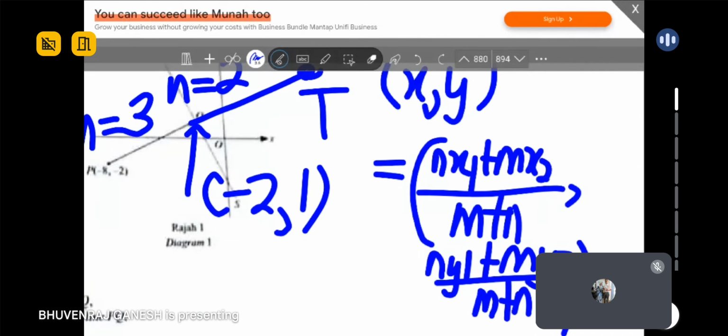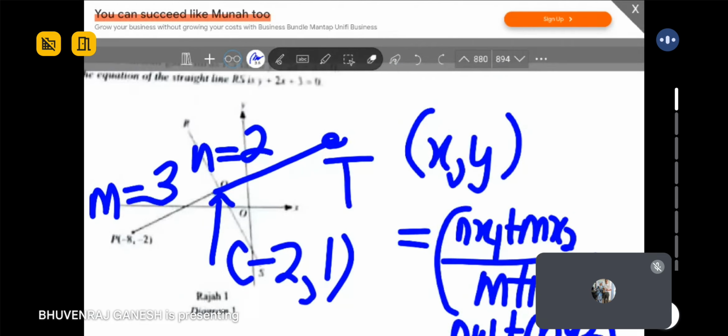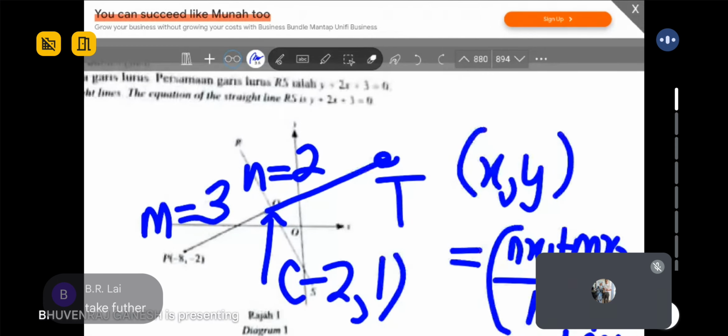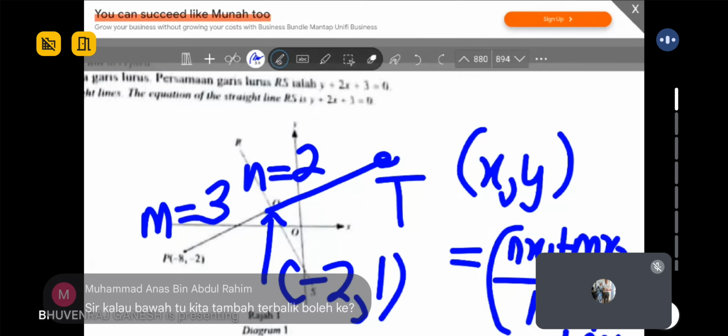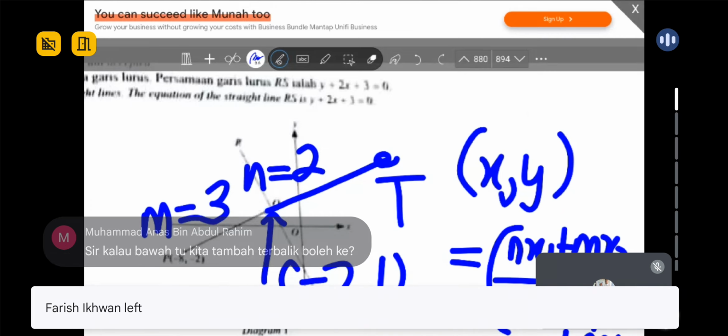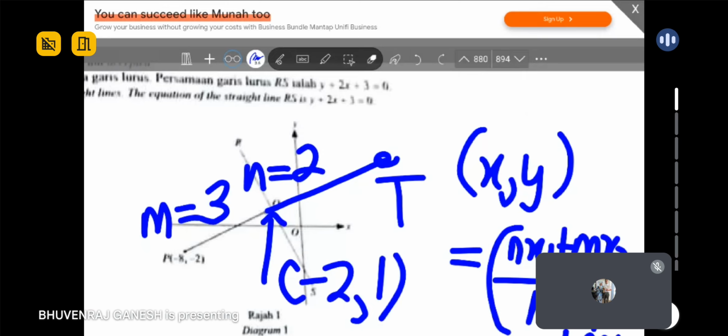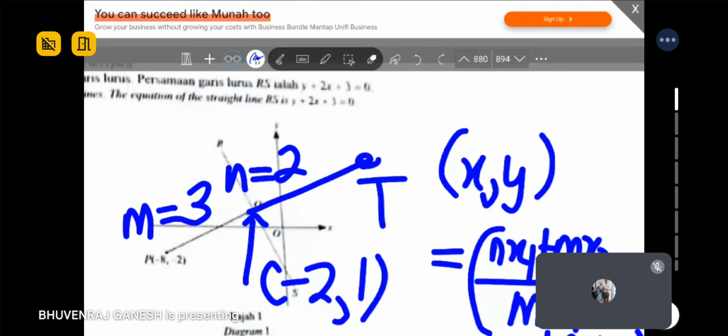So you just substitute M is 3, N is 2. Okay guys, now I want to ask you, what is your X1 over here? Apa nilai X1? Kalau kamu dapat X1 betul, then I know you understand already lah. Okay, so berdasarkan labeling saya kat sini, apa nilai X1 saya? What is my X1? Anyone? Kalau bawah tu kita tambah terbalik, boleh ke? Boleh. Maksud kamu N tambah M. Betul?